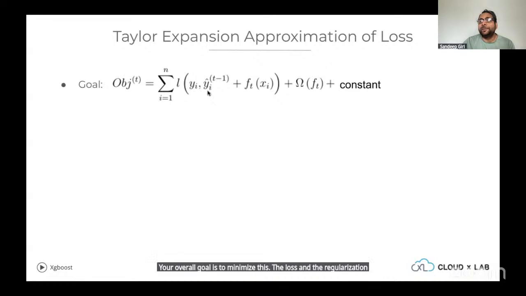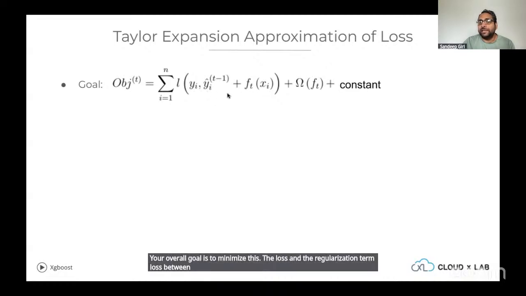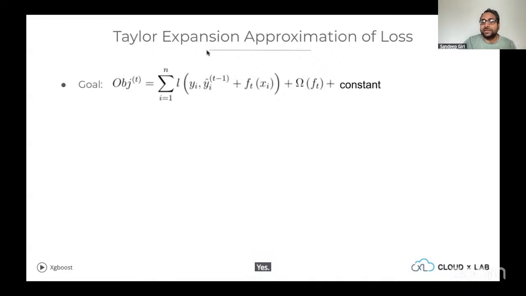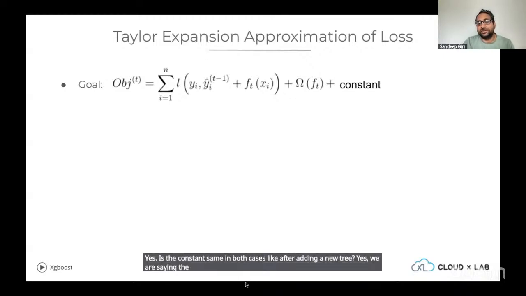Loss between predicted in the last round, which is basically last round plus one more tree. Okay. Yes. Is the constant same in both cases, like after adding a new tree? Yes, we are saying the constant is same in both. We can eliminate that anyway.